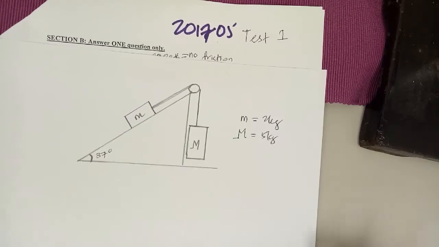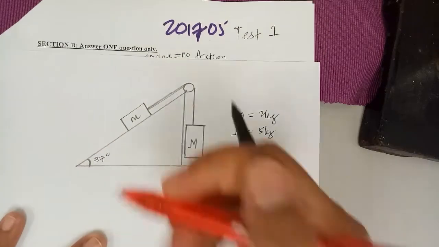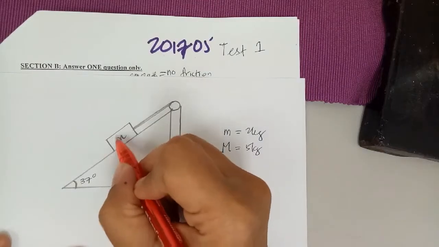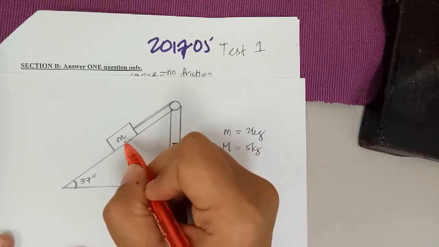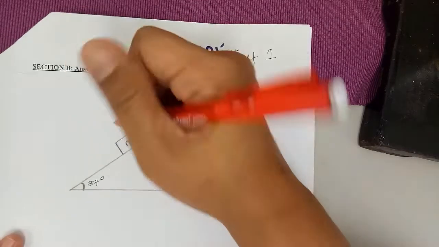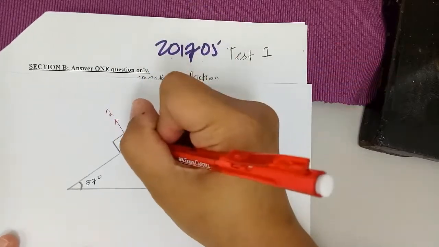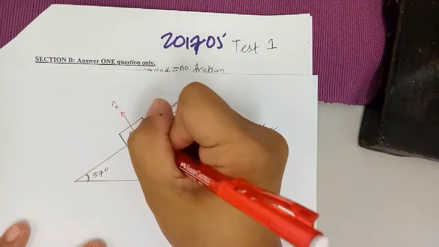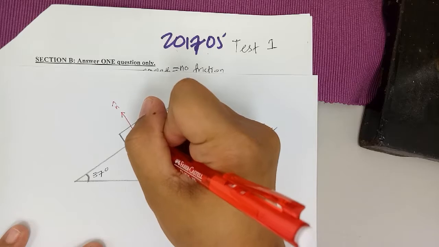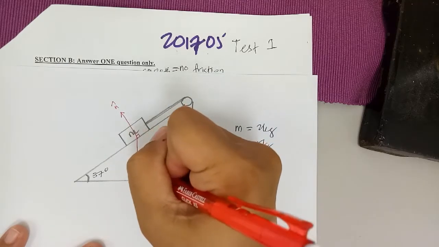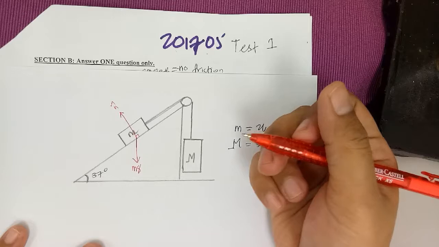First, I will solve for block m. Because block m is on a surface, it has a normal force, which is perpendicular to the surface. This is the normal force. Block m has a mass, so there will be mg, always directed downwards.